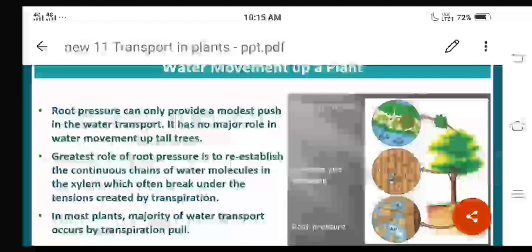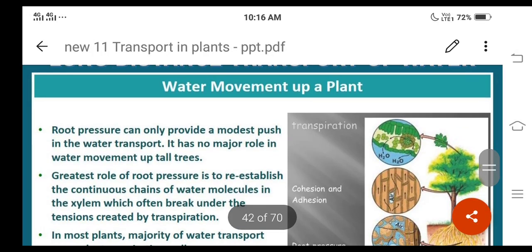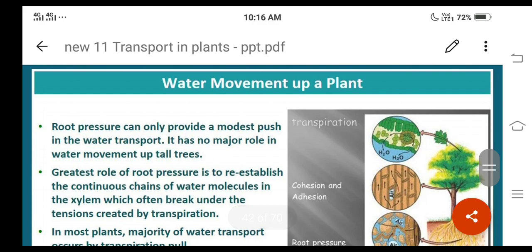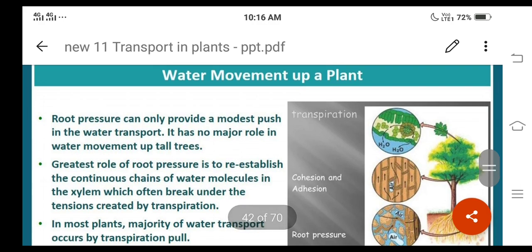And one more concept: the importance of root pressure. What is the importance of root pressure, right? During the water movement in a plant, I told you root pressure can only provide a modest push in water transport. Modest, not the highest.